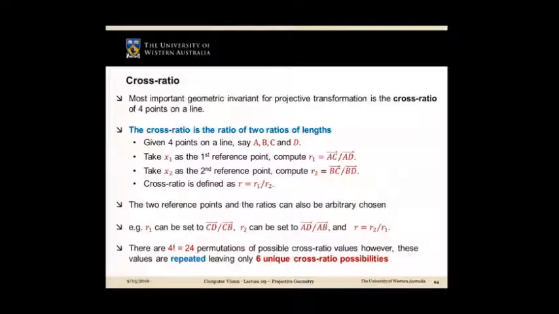In the case of cross ratio, there are actually 24 permutations of possible cross ratio values. However, these values are repeated, leaving only 6 unique cross ratio possibilities, which are discussed in the next few slides.